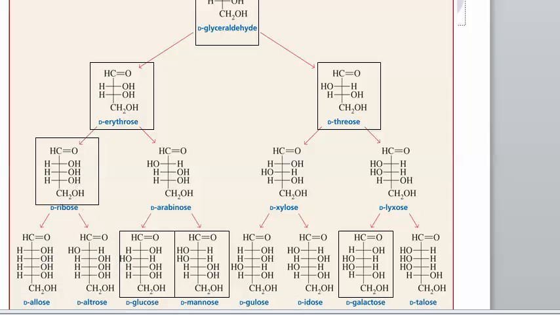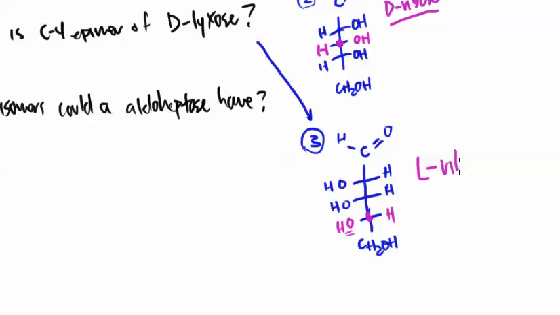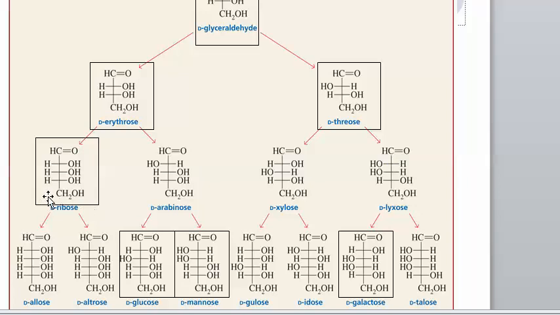it's the L form of ribose. This is L-ribose. That's going to be the C4 epimer. And again, look, the OH group is left-handed. So if I asked you to draw from D-ribose the enantiomer of L-ribose, or if I said, draw me L-ribose, what you would have done is taken the D version and flipped everything over, right?